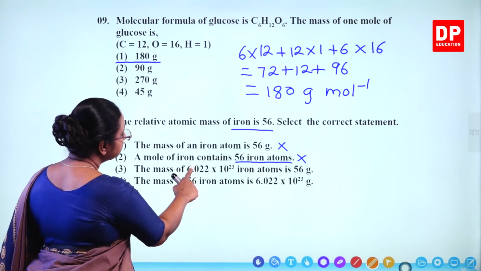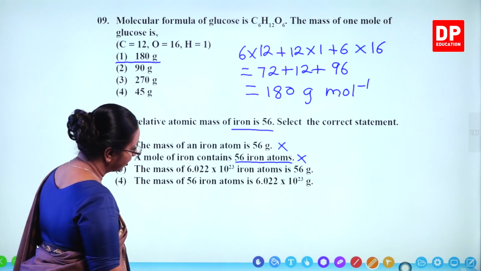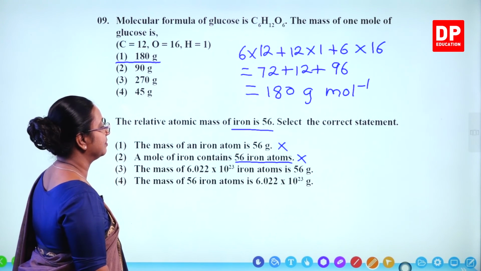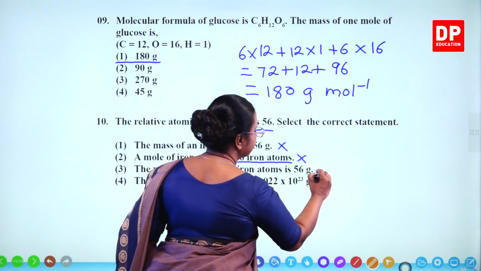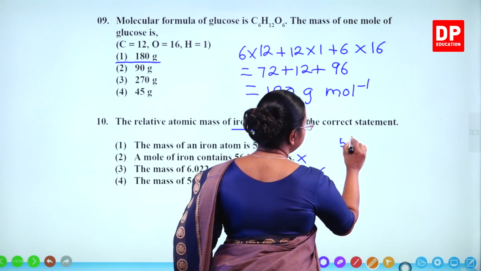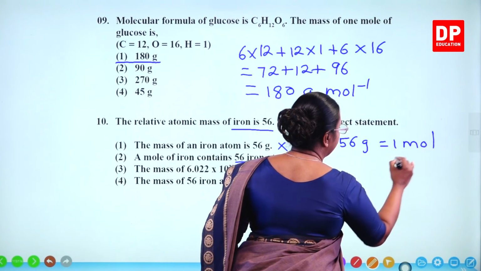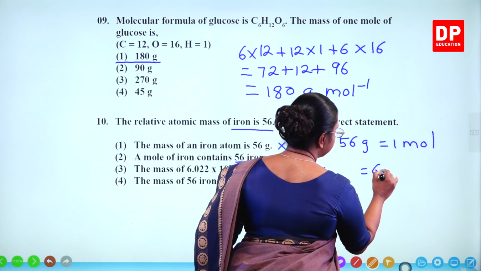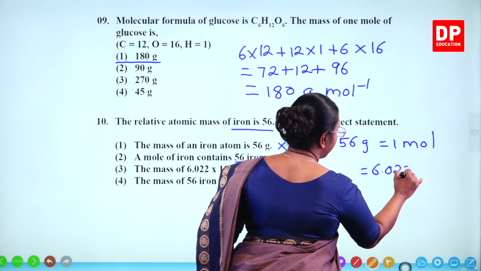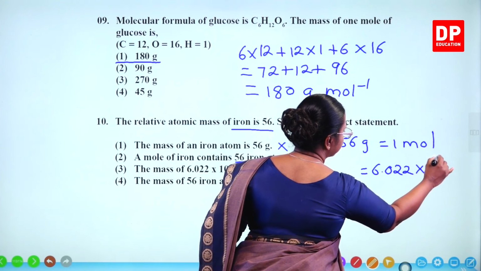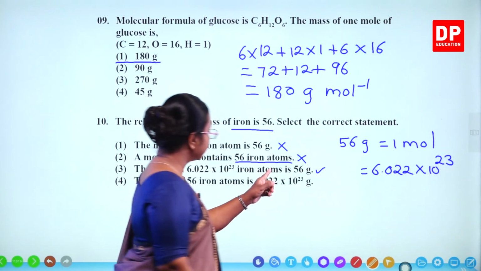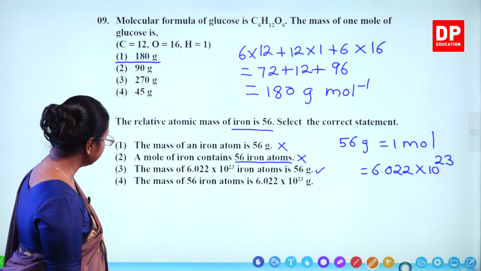Then the mass of 6.022 into 10 to the power of 23 iron atoms is 56. That is correct. Why? 56 grams is equal to 1 mole, and in 1 mole there is Avogadro number of iron atoms. So this statement is correct.